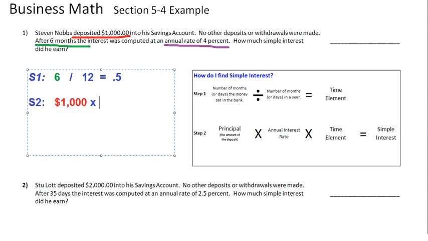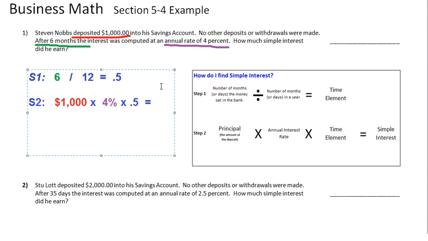When we do 4%, we're going to have to change that into a decimal. I'll remind you of that in a moment. And we're going to multiply this also times that time element that we got from above.